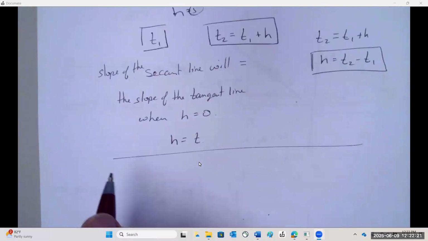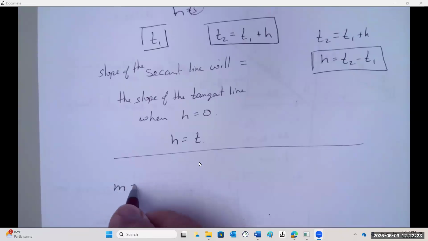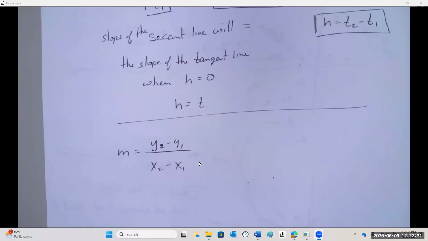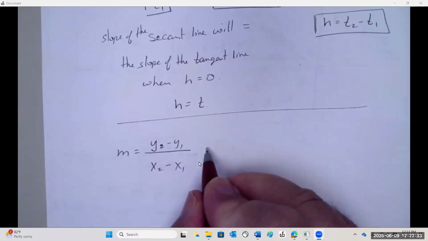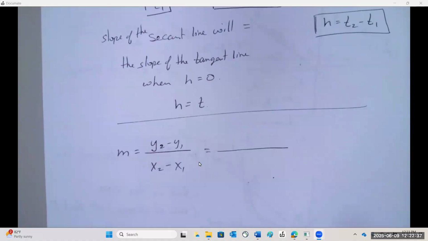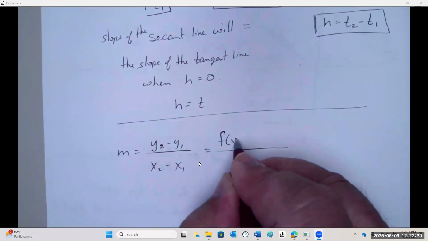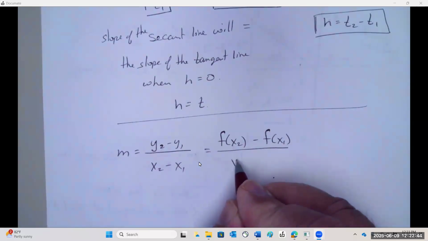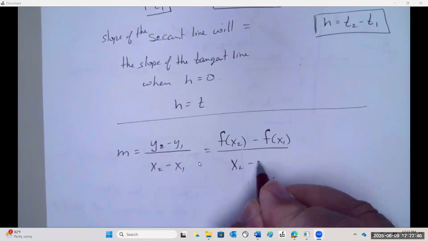Let's build this. So we know the slope is equal to y2 minus y1 over x2 minus x1. We introduced functions in algebra. So we have f of x2 minus f of x1 over x2 minus x1.